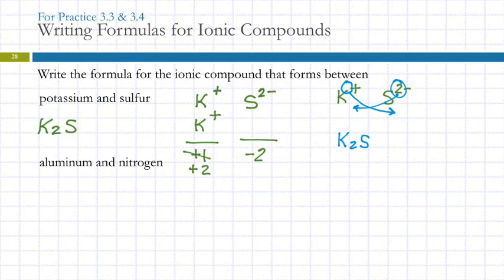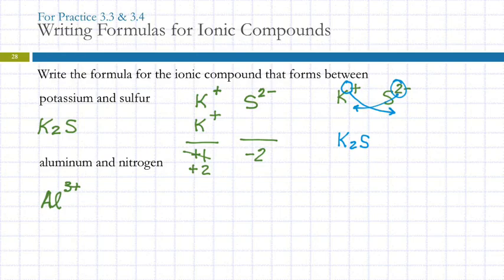Let's do aluminum and nitrogen. What's the symbol for aluminum? Al. And what charge does an aluminum ion have? Yeah, +3. So we would write that as 3+. That's because aluminum is a main group metal in group 3, so it's got a +3 charge.